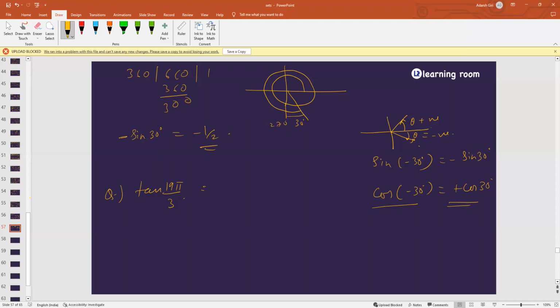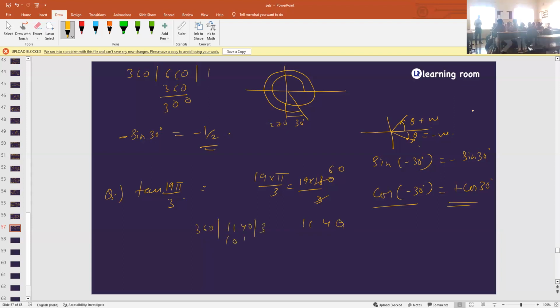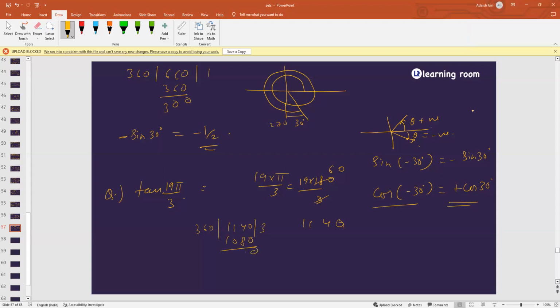So 19 into pi by 3 is 19 into 180 by 3. So this is 60, 6, 1, 6, 11, is 1140. Let us divide it by 360. 1140 is 3 times 360, 1080, and 60 remains.